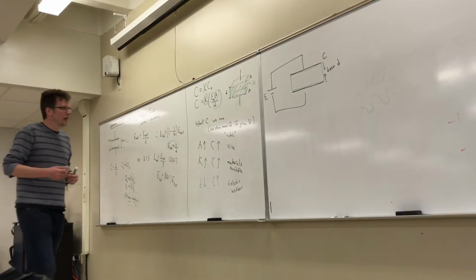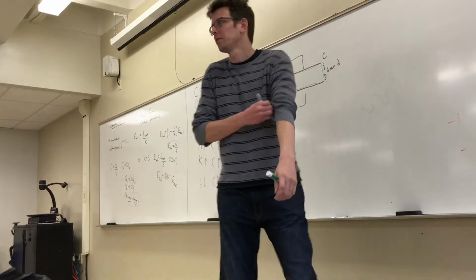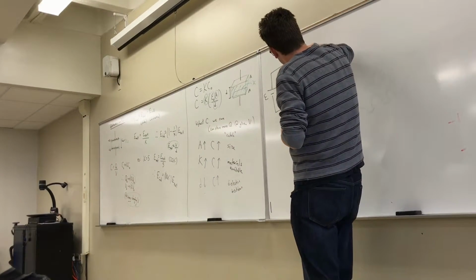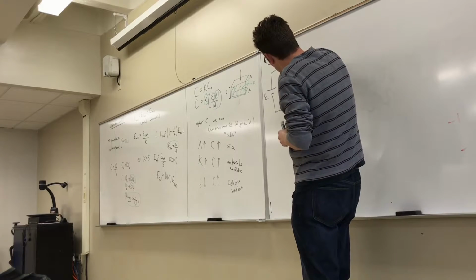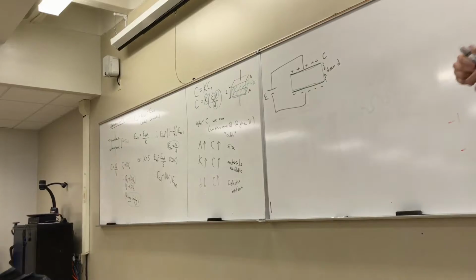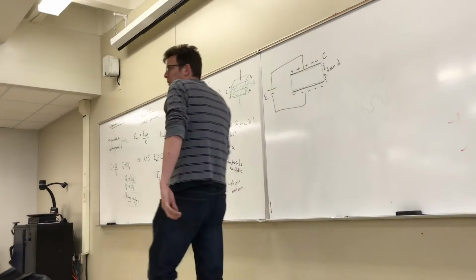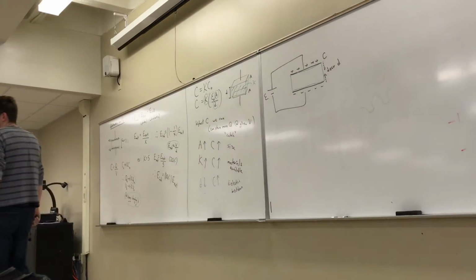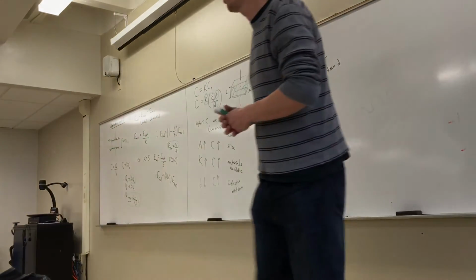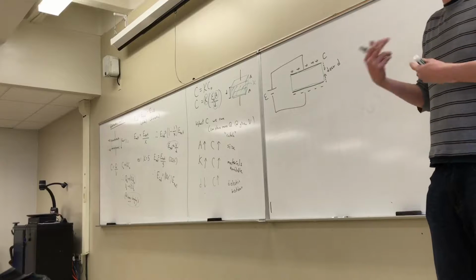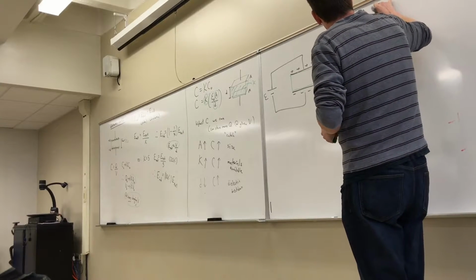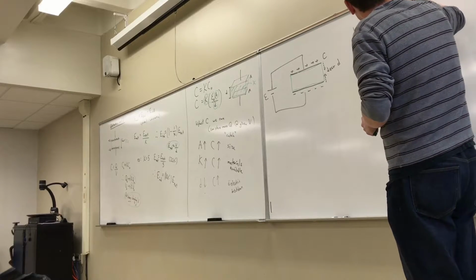Well, what's going to happen is this. If we have a certain amount of charge that we were initially able to get on here, when we bring the plates closer together and we improve the capacitance, more charge is going to be going on there. So the battery is going to backfill more charge. So as we decrease D, C is going to increase, which means we get more charge.